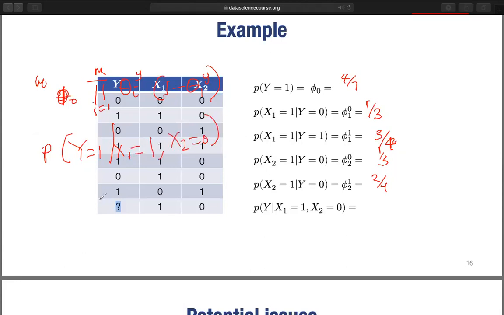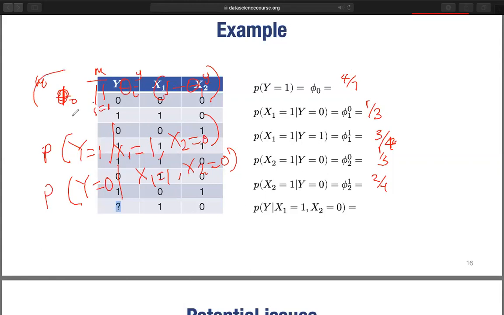And we also want to find the probability of y equals 0 and x2 equals 0. If we are going to find this, remember we had written the formula here.